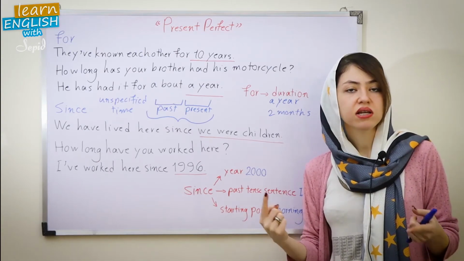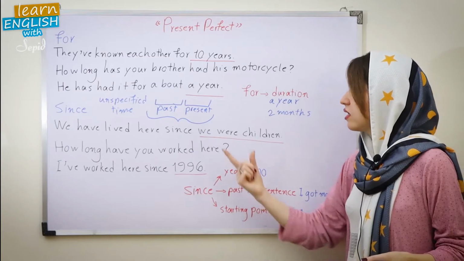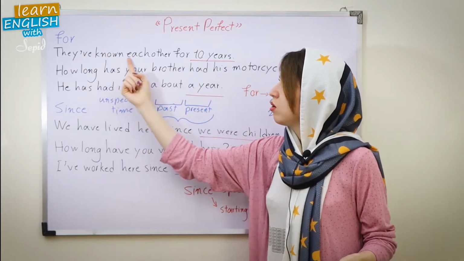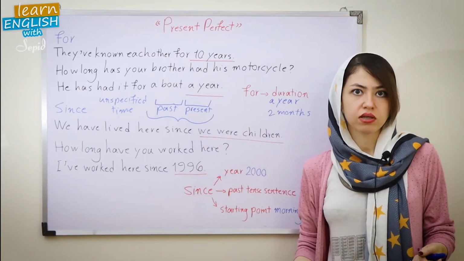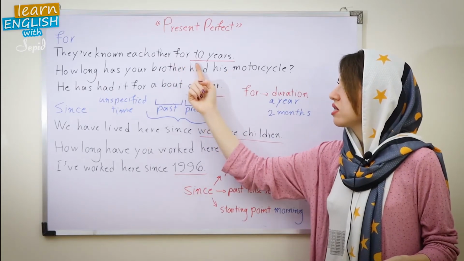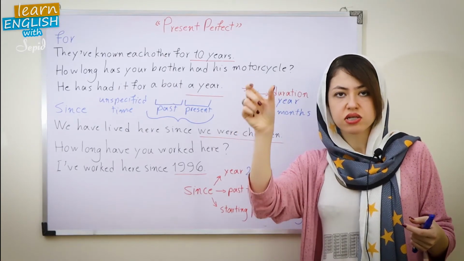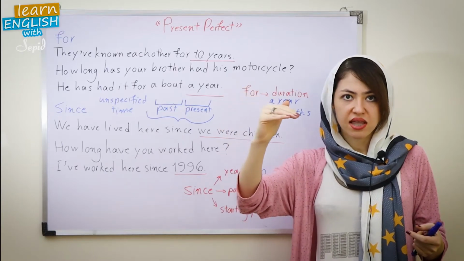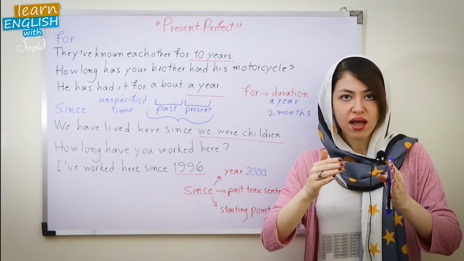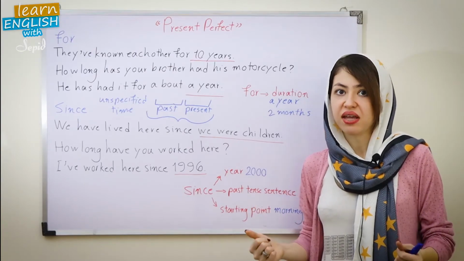Okay, since 2000. Okay, we can replace it here. They have known each other since 2000 instead of for. Okay, since 2000. It means they started their friendship in 2000 and they have known each other till now, and we don't know when it is gonna finish.